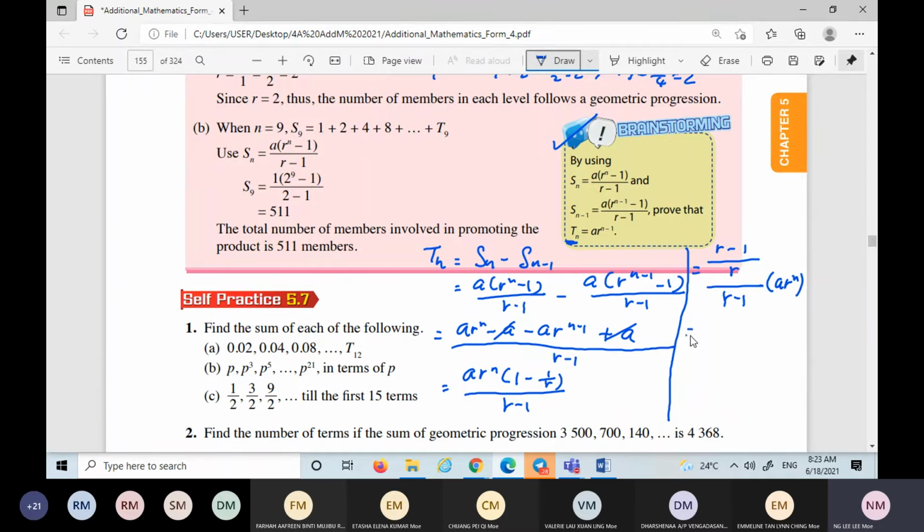Don't disturb me first, I want to try to settle this. And then this one will give me 1 over r. Then a r power n. I'm very near to the answer already. Then this is r to power negative 1. So join back with this, I have a r power n minus 1. So it's proven. This is how we prove the formula.